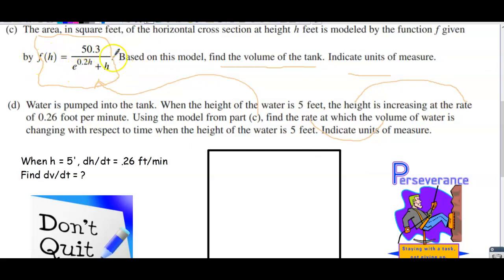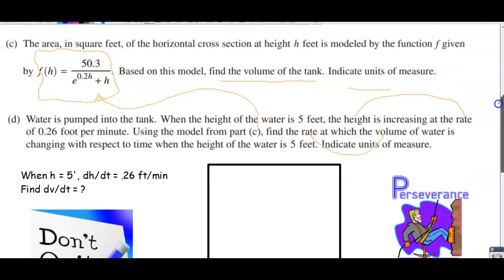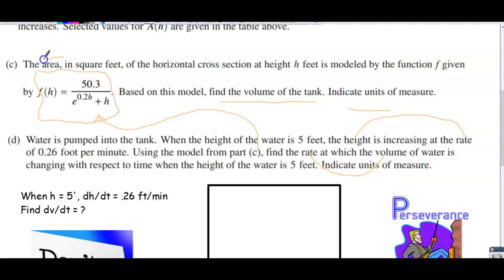Well, in part C, notice that this model is not for volume. This model is for area and is measured in square feet. But we know enough about calculus to know if we were to integrate the area, and I'm just going to use an A right now. I know this is not A, it's f of h.